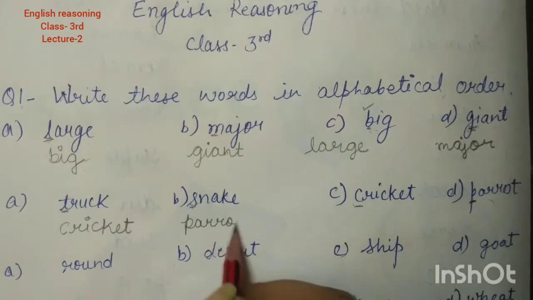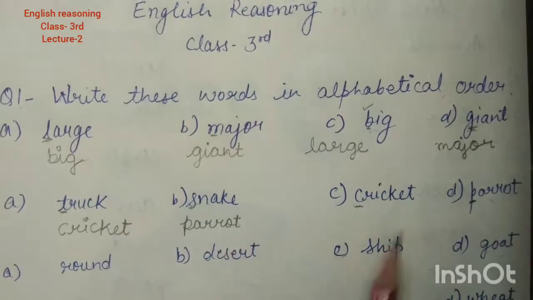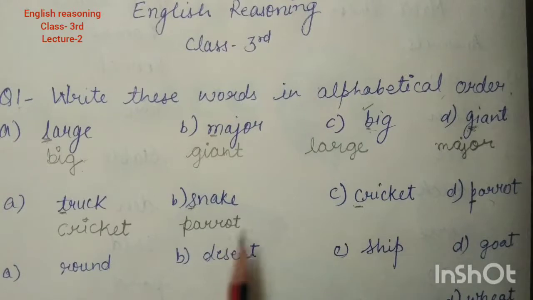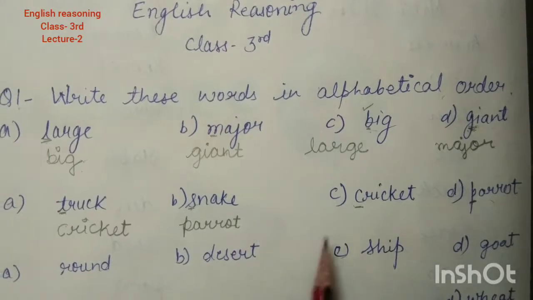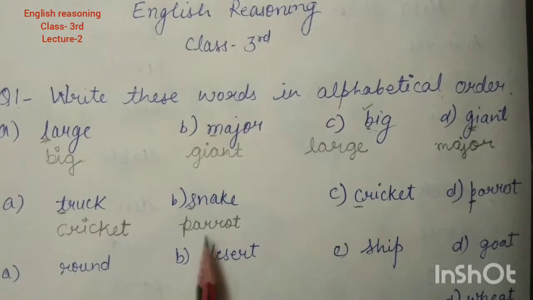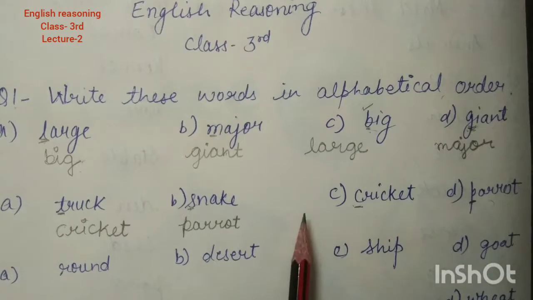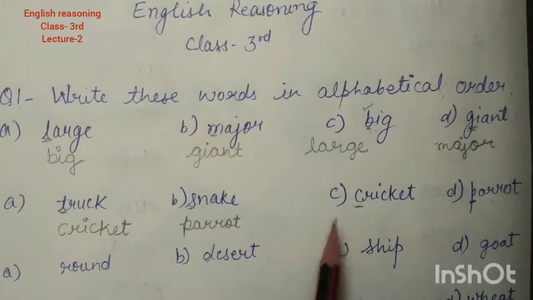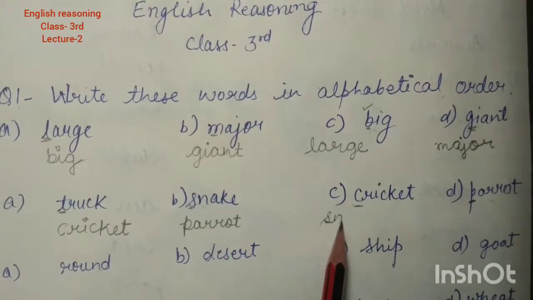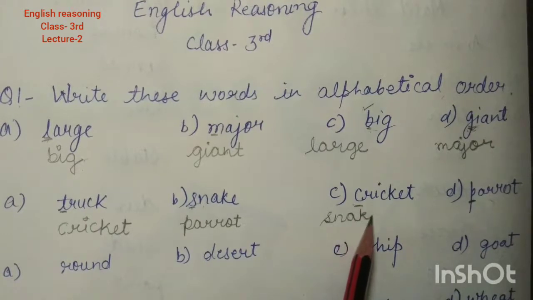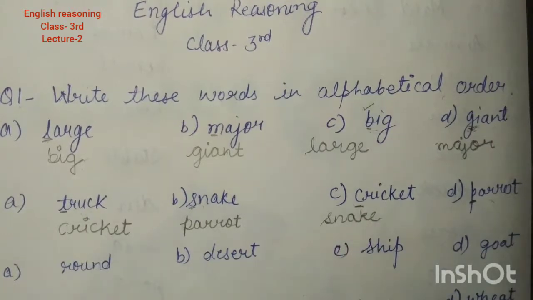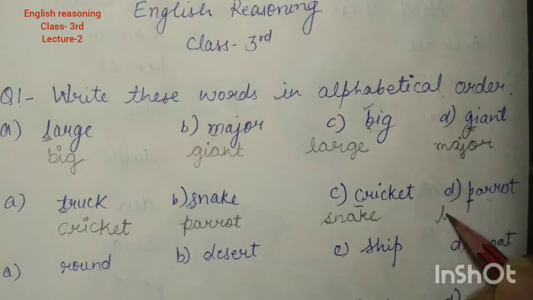Yes, you have to say the alphabet like this. Then only you can recognize the position of the letters. Q, R, S. S for snake. And then T for truck.